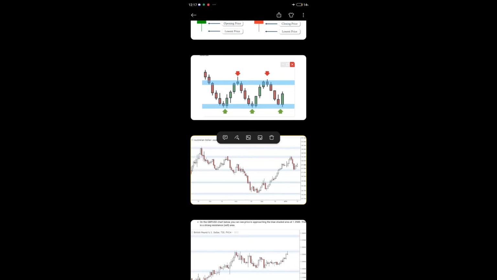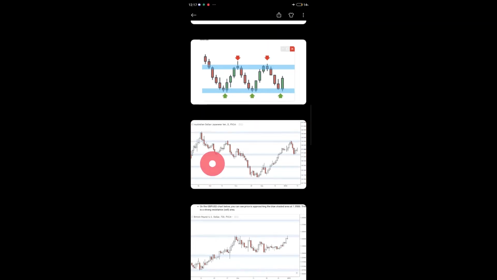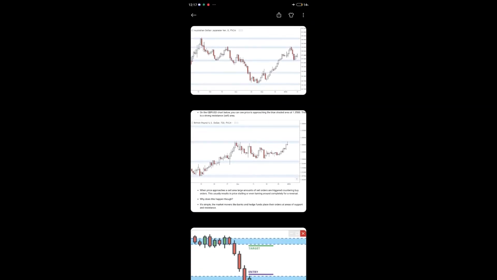On this GBP/USD chart below, you can see that the price is approaching an area at 1.3500. This is that area, and that is a strong area because of this bounce. The price reached here and it failed to break through, and it went down to here and then went up to that resistance area.